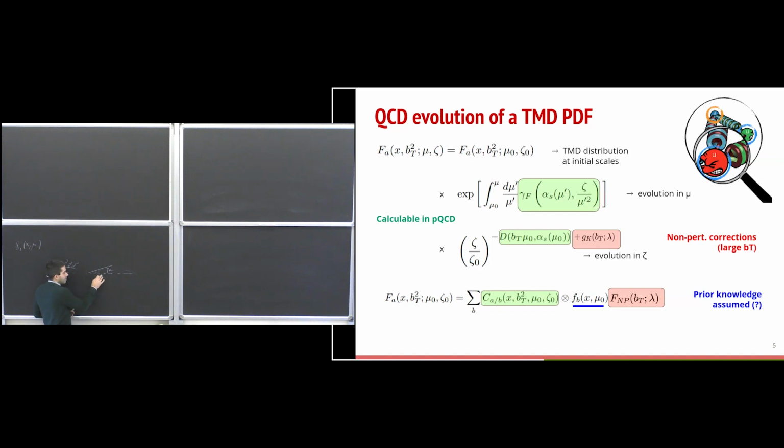This kinematic configuration, where you have the quark with a transverse momentum with respect to the parent hadron direction, let's call it P, is somewhat related to what collinear factorization tells you, right? Because if this KT is large, then this transverse momentum can be described by, let's say, the emission of a hard gluon, and the only non-perturbative matrix element that you have is the collinear PDF.